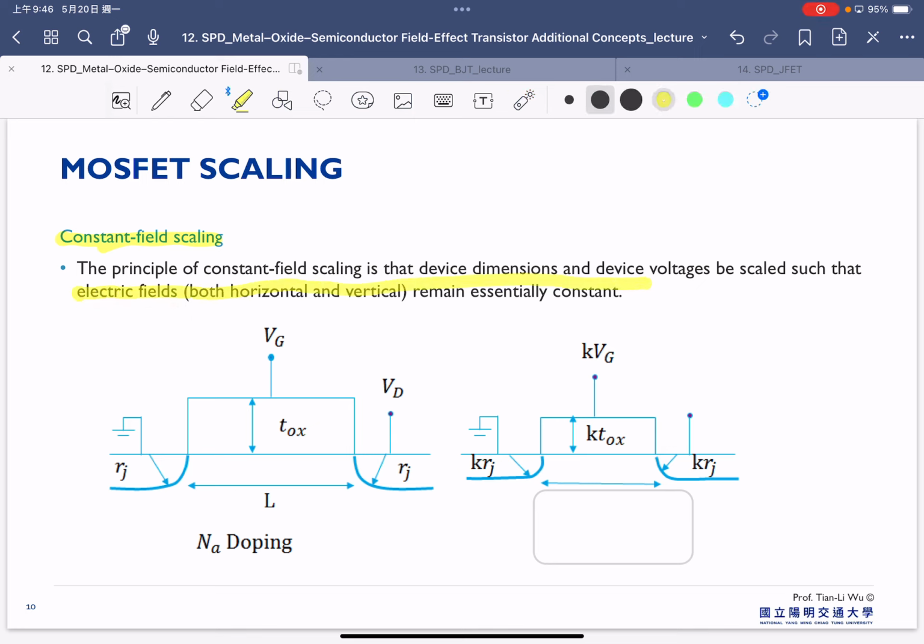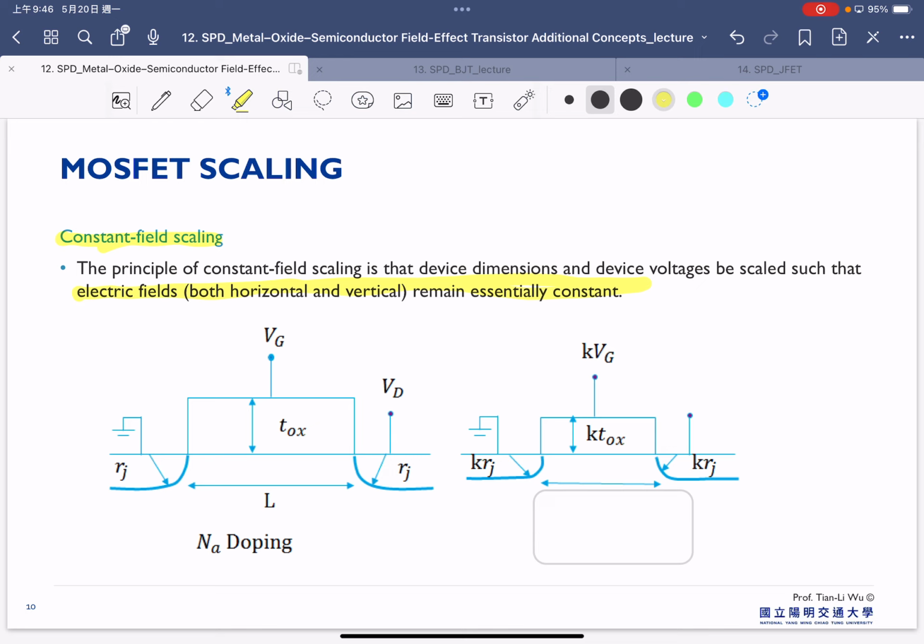That's why in the early time, when people tried to propose a possible rule or roadmap for scaling, the first idea that came to mind was that we have to fix the electric field. So we want to do constant field scaling, reducing dimension and voltage to make sure our electric field remains constant.